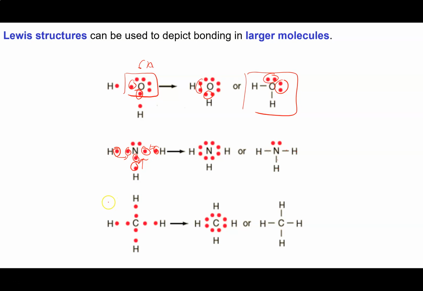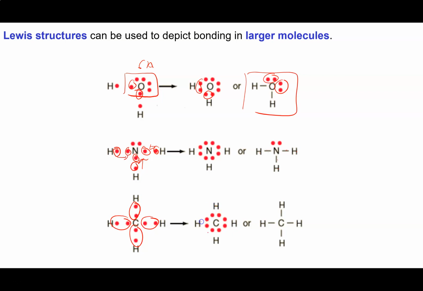Okay, here's carbon. Carbon's in group 4A. It's got 1, 2, 3, 4 dots in its Lewis symbol. The hydrogen's still got 1 dot. They're in group 1A, and you can see how these are going to share electrons so that the carbon ends up with a stable octet and the hydrogen ends up with a duet like helium.